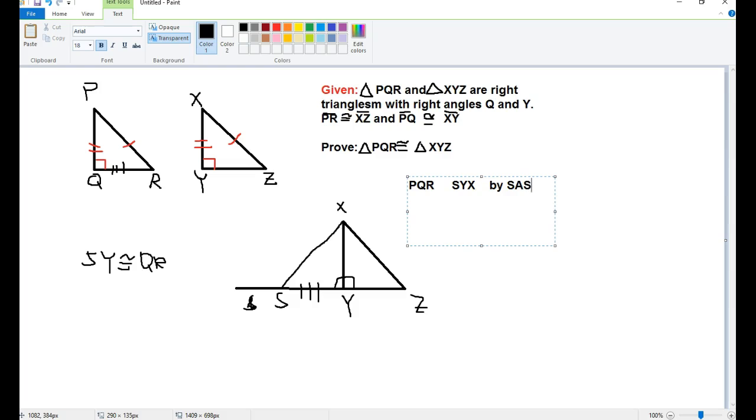Since those two triangles are congruent, we can also show that SX is congruent to PR, and that's because corresponding parts of congruent triangles are congruent.